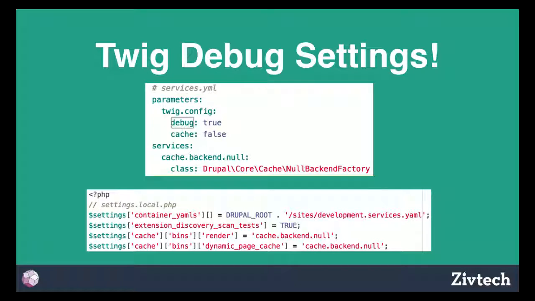Cache clear in Drupal 8 has been renamed cache rebuild. It can be really annoying to have to do a cache rebuild on every single change. So what you can do is in this new file in sites default next to settings, there's a new file called services.yaml, and you can set parameters, twig config, and you can set it to not cache and debug is true. I'll show you what that does in a second.